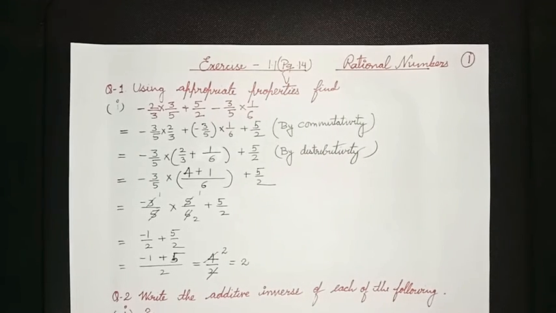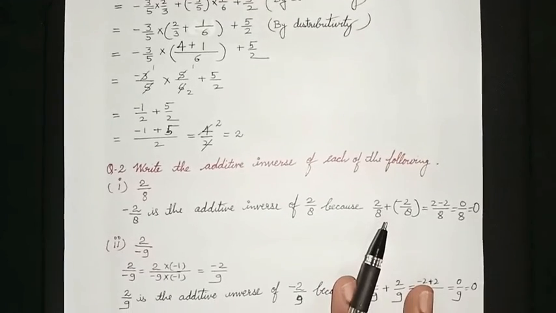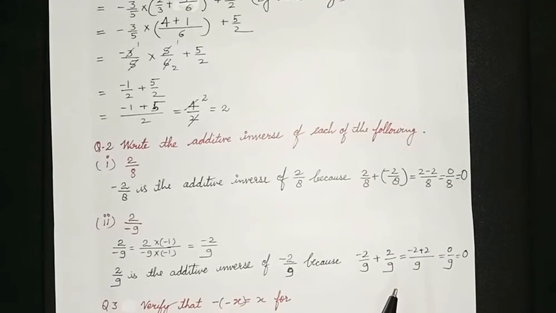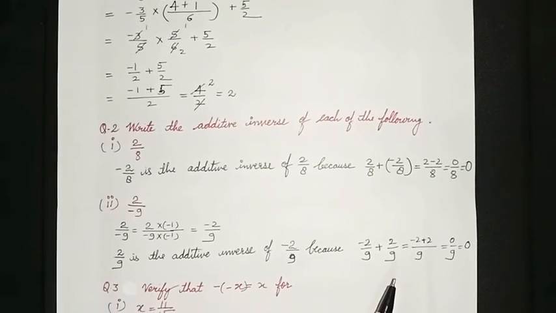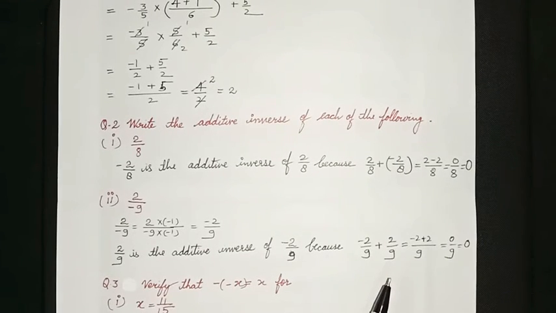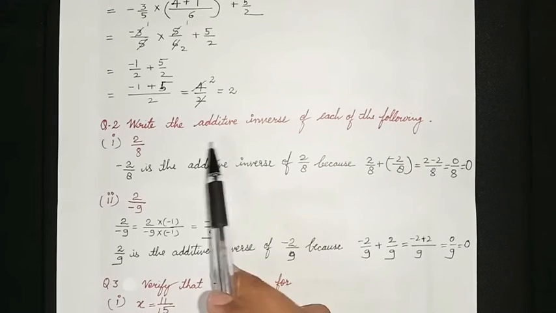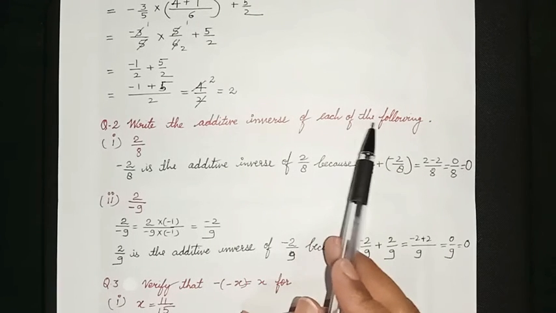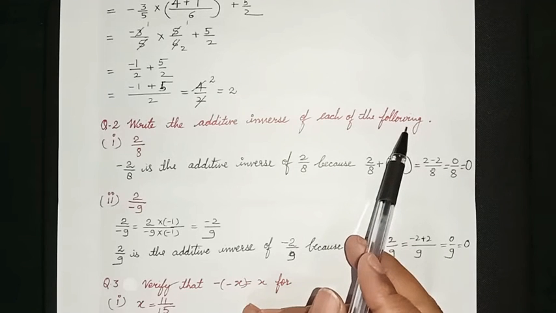Now I'll explain the second question of this exercise. The second question is also based on the property of rational numbers. Write the additive inverse of each of the following.